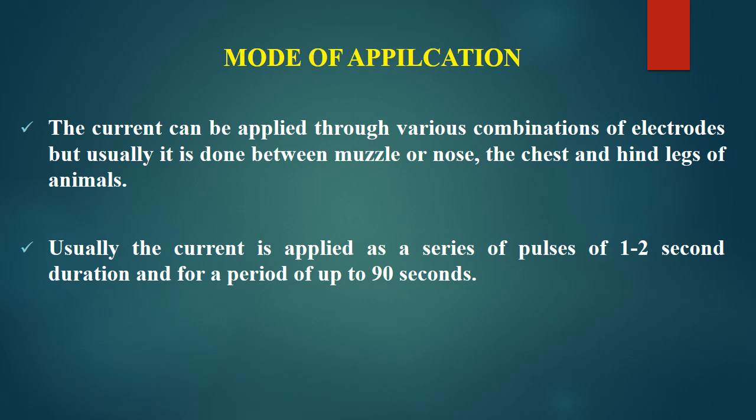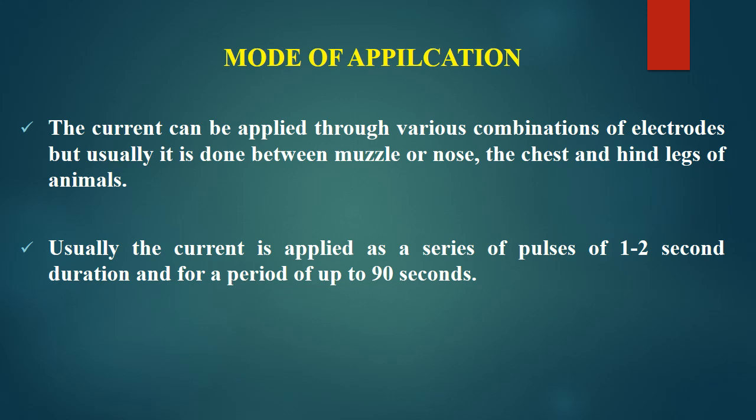But this is before dressing or flaying of the carcass, but it can also be done after dressing, where the electrodes can be applied at neck region of the carcass and at the hind part of the carcass or thigh region. Usually the current is applied as a series of pulses of 1 to 2 second duration for a period of up to 90 seconds.